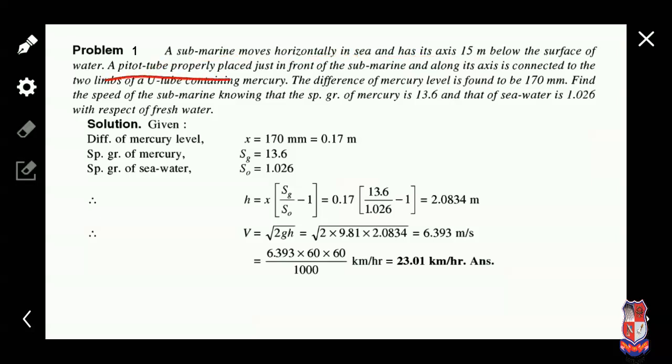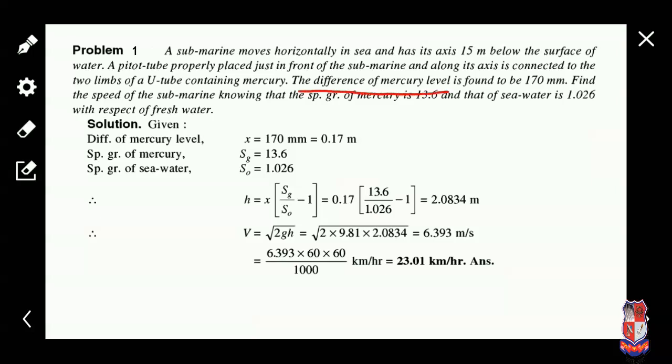A Pitot tube properly placed just in front of the submarine and along its axis is connected to the two limbs of a U-tube containing mercury. A U-tube manometer is used and the heavy liquid is mercury.